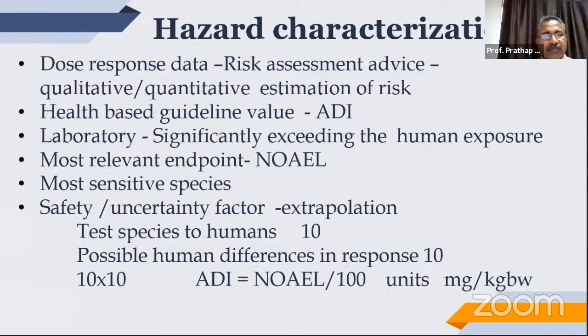Then you move up the ladder with the various species. Finally, you come up with a safety uncertainty factor. Mostly it is 10 into 1000 units per mg/kg body weight.